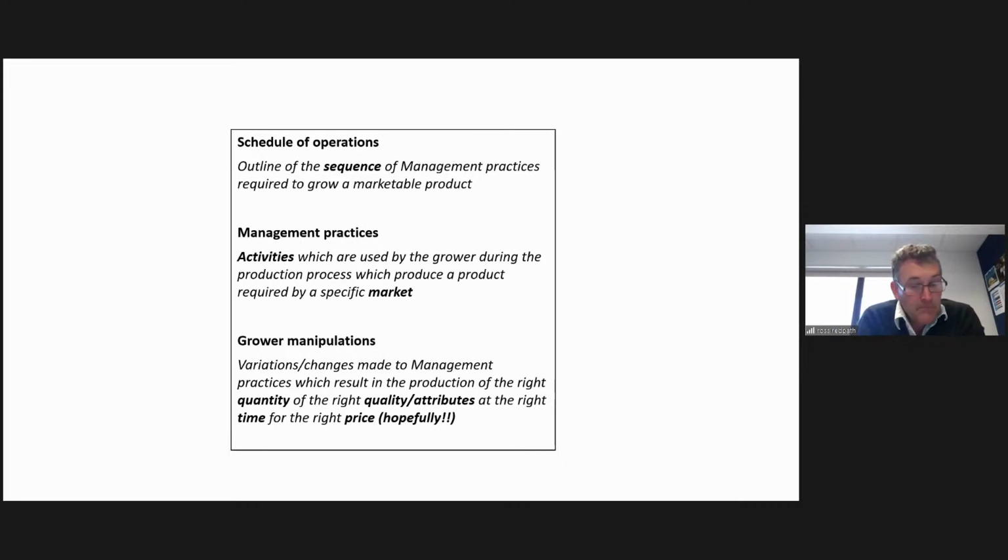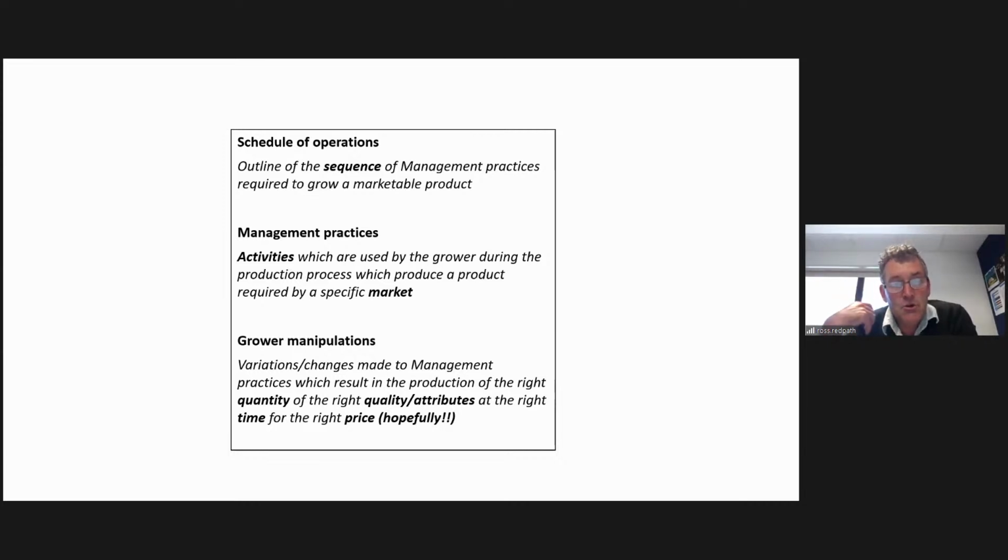In recent years, you haven't tended to be asked about outlining the actual sequence of management practices that the grower carries out, but you should know them, because when you are answering, you've got in the back of your mind where during this schedule of operations are the management practices which are most relevant to this particular part of the question.